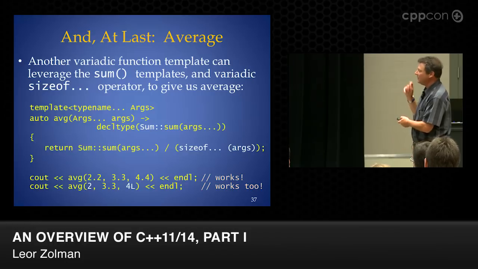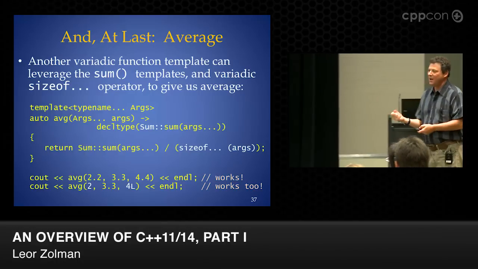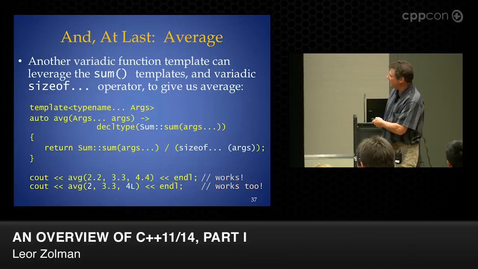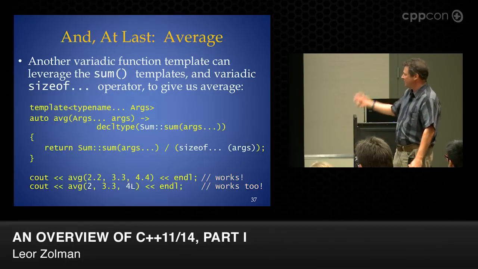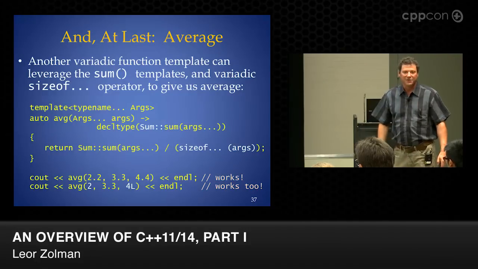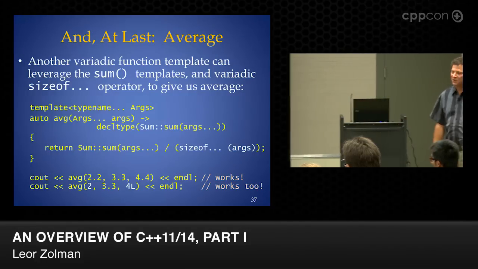But we need one more little twist, which is how do we know how many items were in the parameter pack? Well, fortunately, the language gives us sizeof..., a special sizeof that applies only to parameter packs, and it gives us the number of items as opposed to the amount of storage taken. So it's a special form of sizeof that's designed exactly for this purpose.